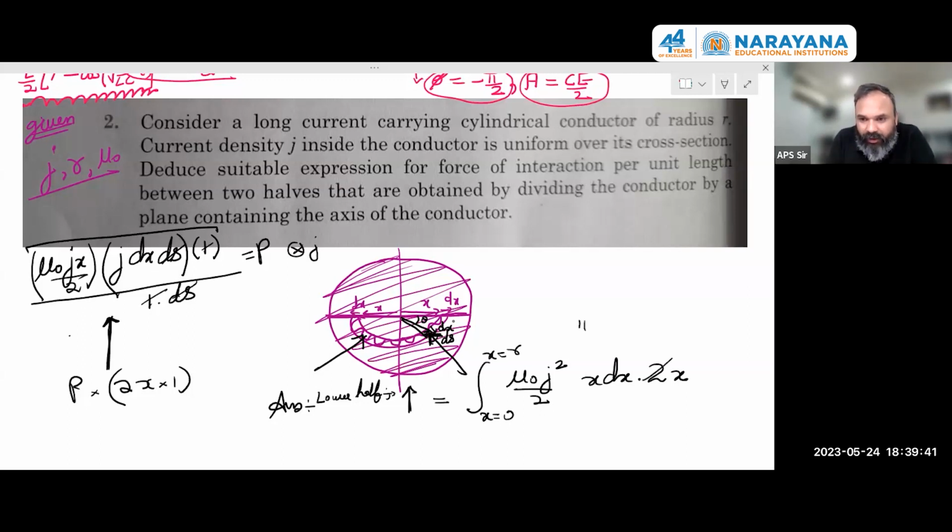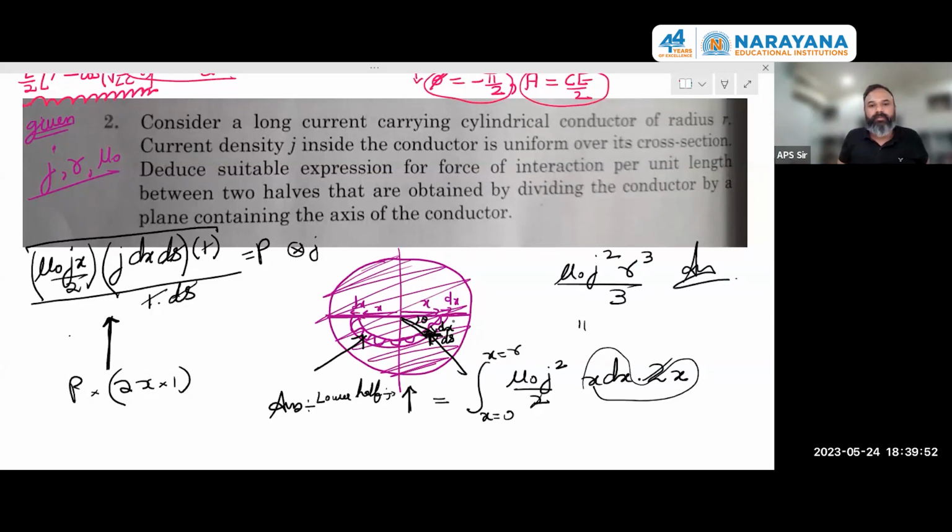This is all taken care of. It is mu naught J square, x square dx, x cubed by 3. So r cubed by 3, that should be the correct answer. I need not integrate it again, because once I understood that there's a pressure everywhere, for the strip that I've taken, with ds dx over a length, that differential area was 1 ds, and then everything fit.